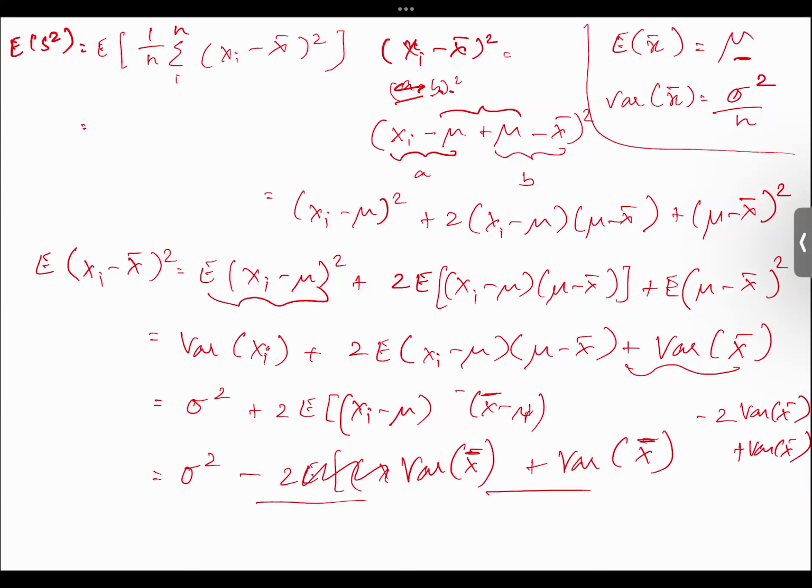So what does this become? It becomes sigma square minus variance of x bar, right? If you remember, for a randomly sampled population, variance of x bar is equal to sigma square by n. So we have sigma square minus sigma square by n.